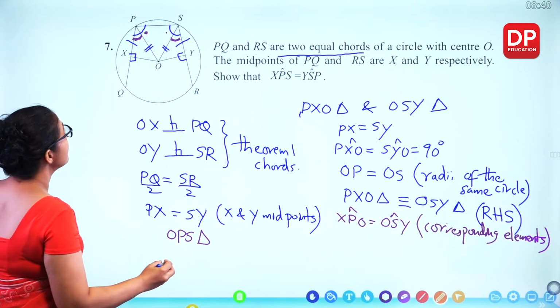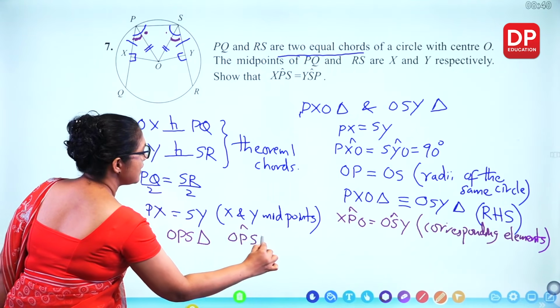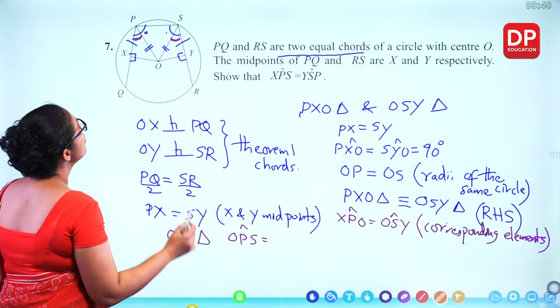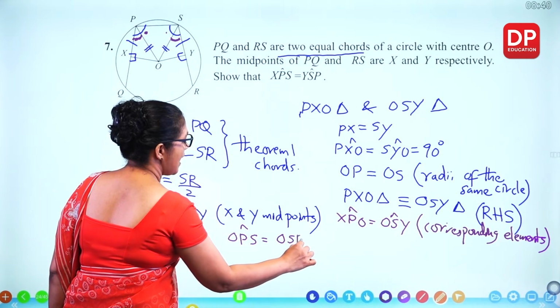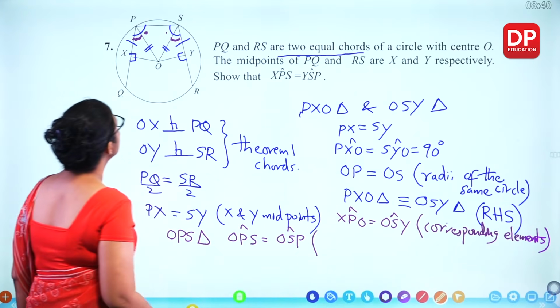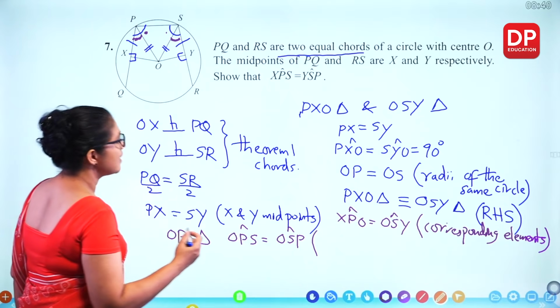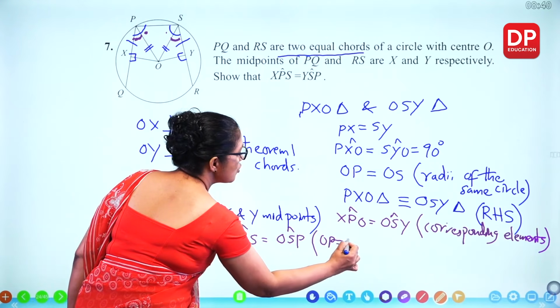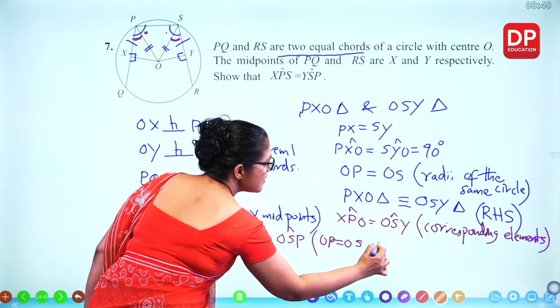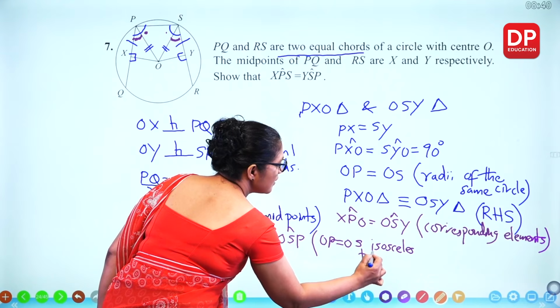So here we can write down angle OPS is equal to angle OSP, because OPS is an isosceles triangle. So we can write, because OP is equal to OS and this is an isosceles triangle.